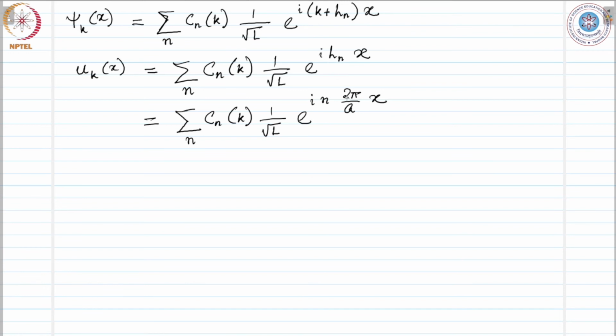It is clear that this function u k x has the same periodicity as the potential.